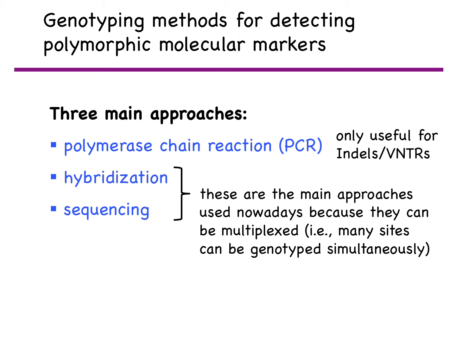In other words, you can look at many polymorphic sites simultaneously using these methods, whereas the polymerase chain reaction is typically only useful for looking at one polymorphic site at a time. I'll start off by talking about the polymerase chain reaction. When I'm finished with that portion, I'll go on to the hybridization methods used for mapping polymorphic sites. And again, I'll talk about sequencing in a subsequent lecture.